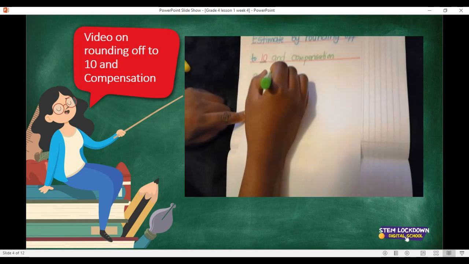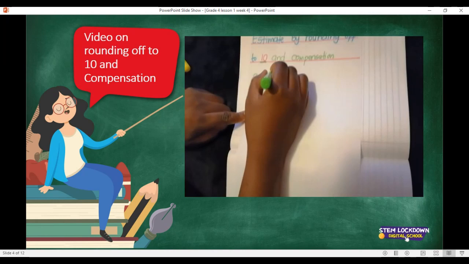You're not allowed to use calculators, but I'm sure some of your mental maths is good. So if I say 22 plus 17, the answer is 39. So you see, if we use the rounding off and compensation, we still get that answer. But with this method, it makes you understand rounding off more, and see what actually happens when we round off. Because when we round off, it's either we lose or we gain something.